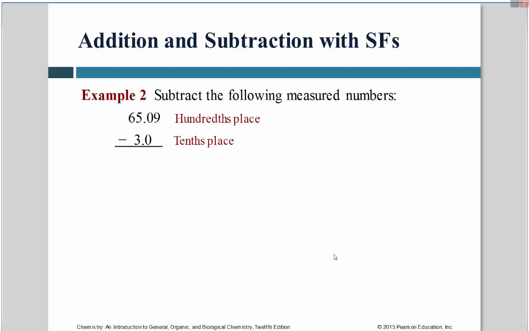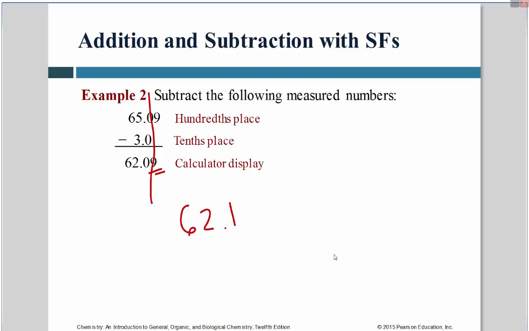All right, so if we look at this one, draw a line after the number that ends first, and you'll notice that's the tenths place. So we're going to end it there. So that's what you actually get in the calculator when you subtract it out. Once again, you draw the line. That 9 rounds the 10 up to be 62.1.